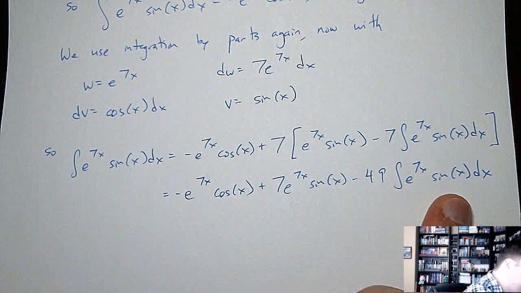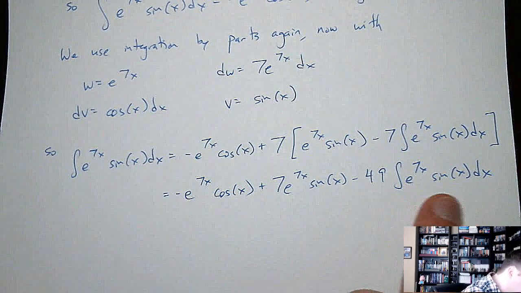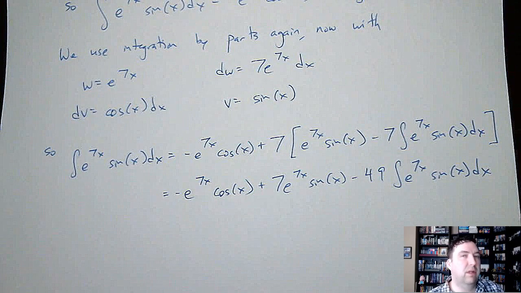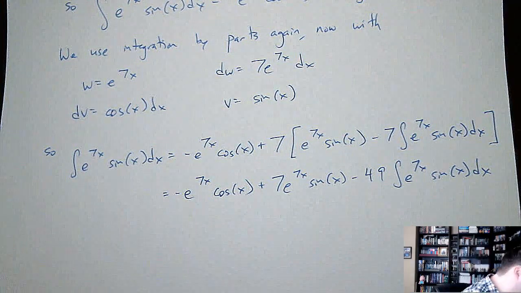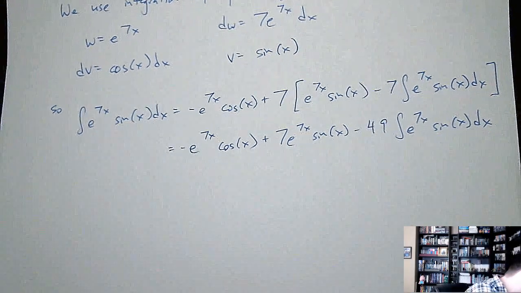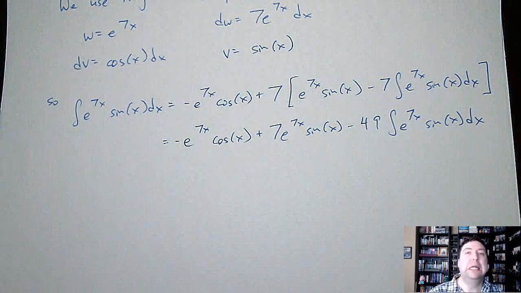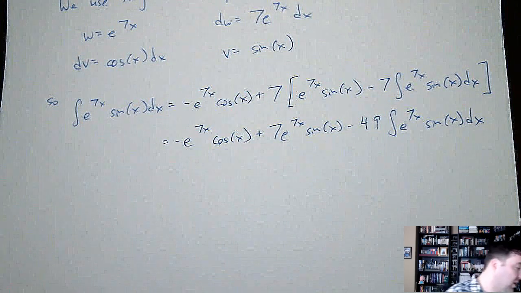And while that still hasn't gotten any better, that is a significant integral because, in fact, that's our original integral. This is one of those cases where the integral that we started with reoccurs through the use of integration by parts multiple times, which effectively means that we can solve for it.